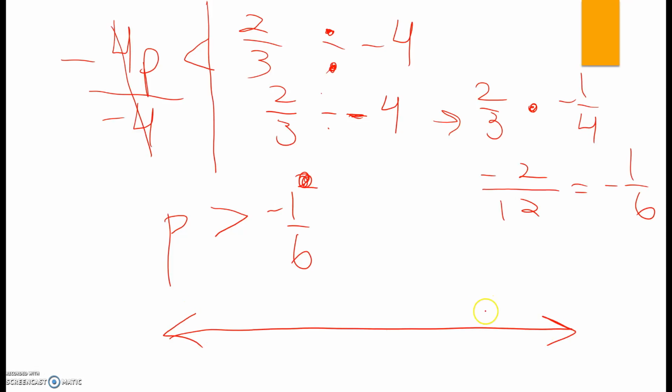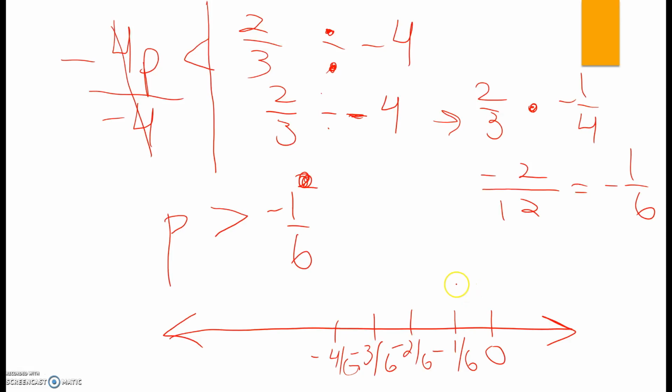And then I plot it. So we're going to say 0, -1/6, -2/6, or 1/3, -3/6, which is 1/2, -4/6, so on and so forth.